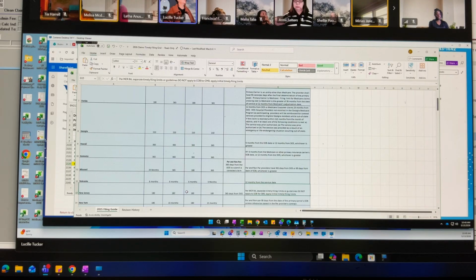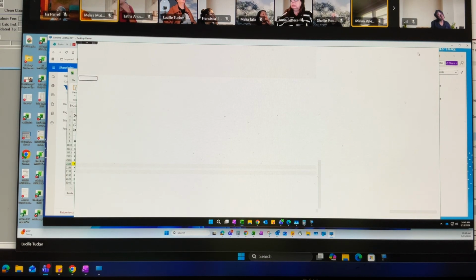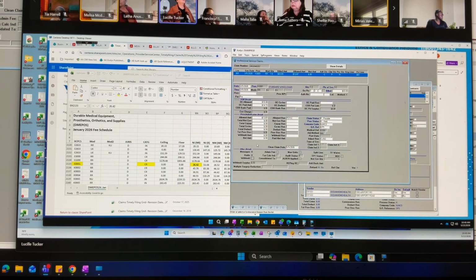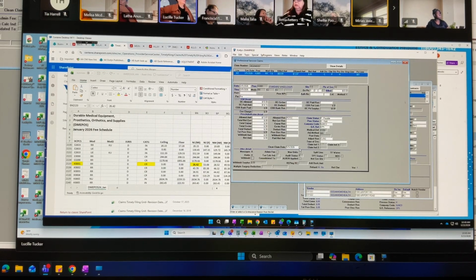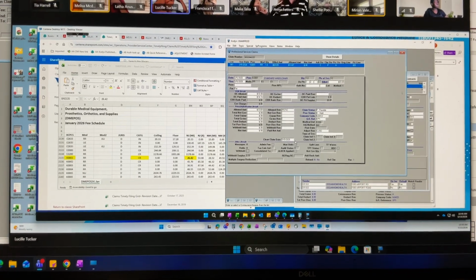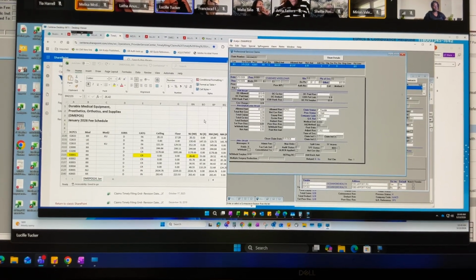Because New Jersey does not give them any grace period for the EOB date. Okay? I have to look at this every time because sometimes these change. So I've reviewed my grid. My claim is well within timely filing for date of service 3/5/2026 because it was received on 5/5 of 2026. So it was received well within the 180-day guideline.